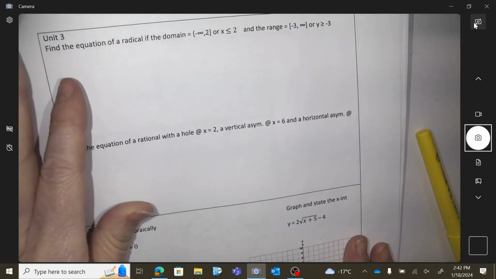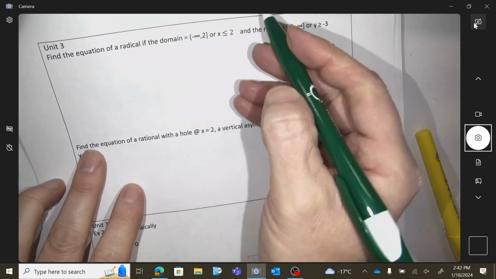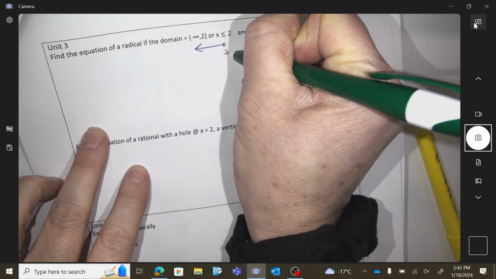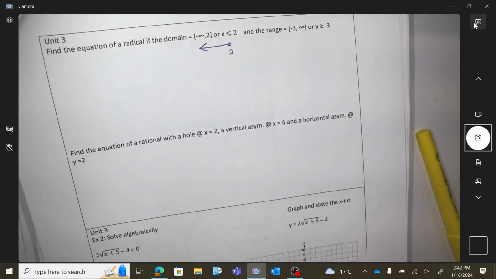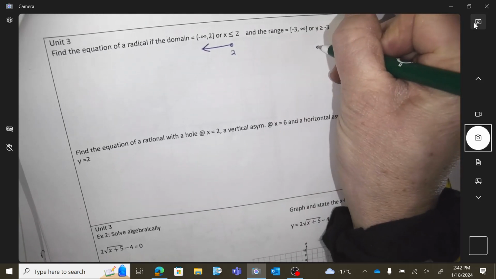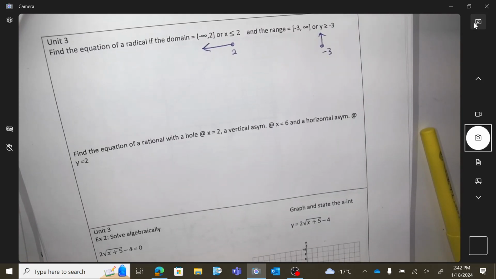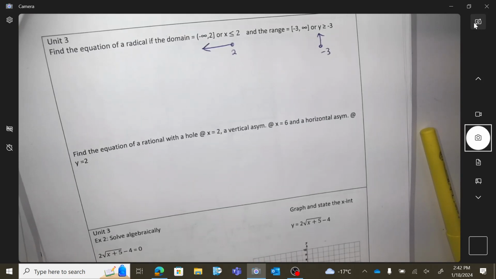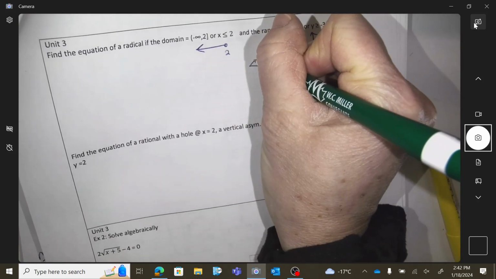Find the equation of a radical. So this is the domain. So we're headed in that direction. And the range is heading in an upward direction. So then if I put those ideas together, I need to head left and up.